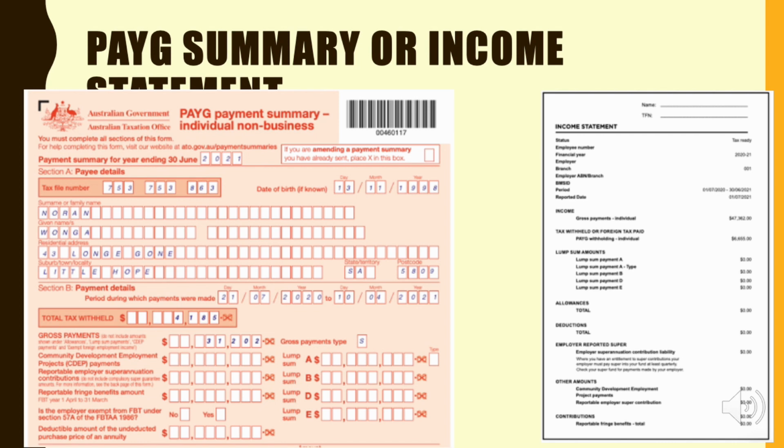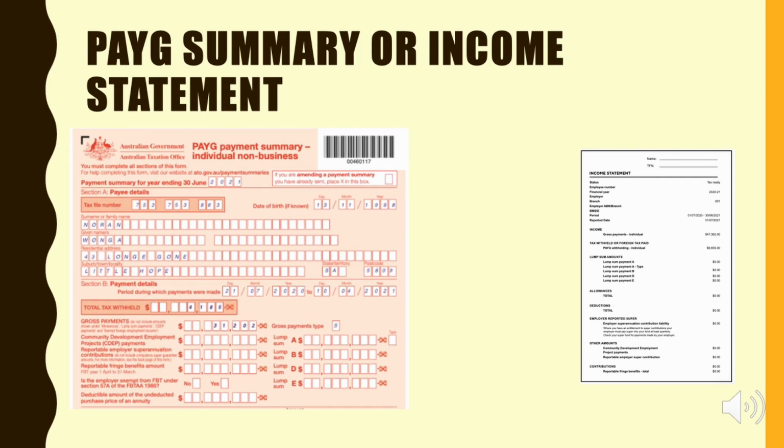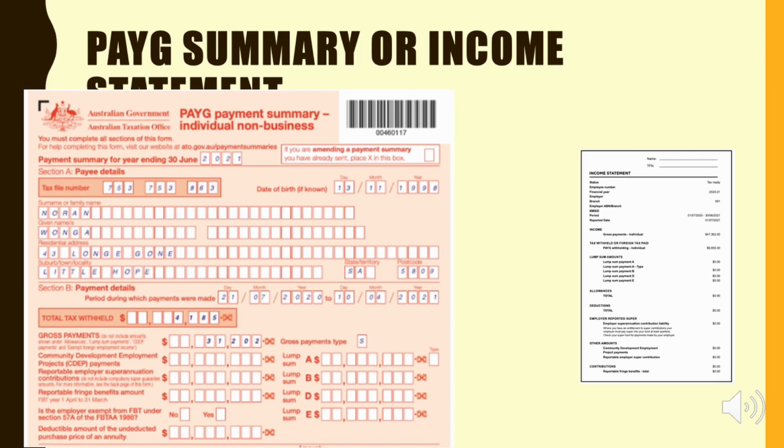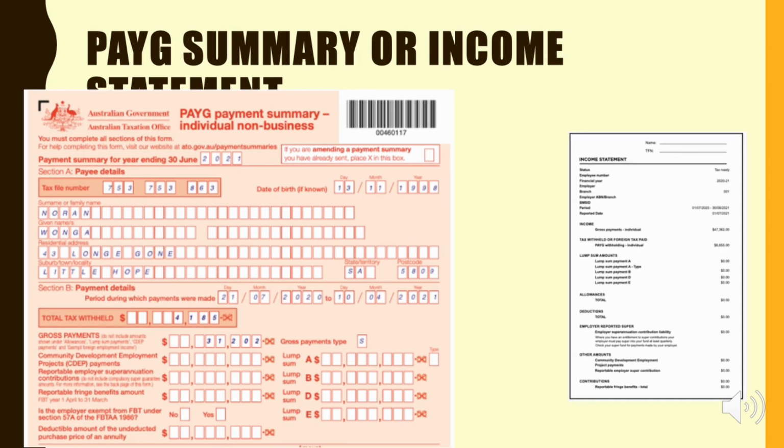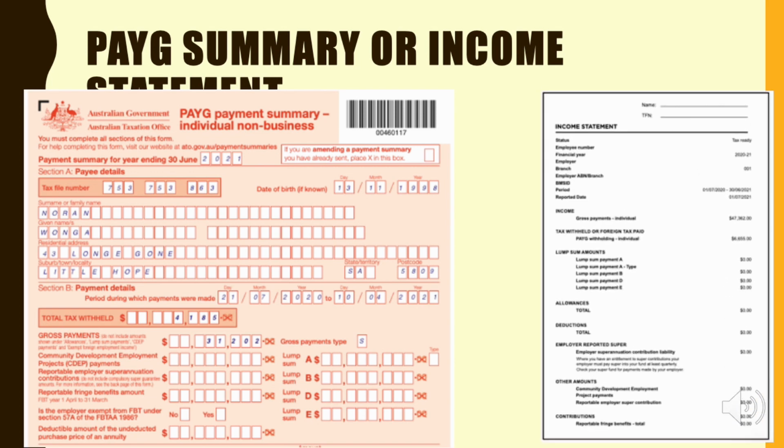By the way, the tax file number or TFN you see on the slip is nothing more than a 9-digit number which the tax authority issued to you after you apply for one. It's a unique number, and in most cases you keep using the same number for the rest of your life for tax purposes.